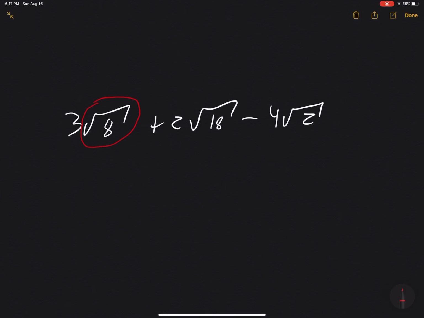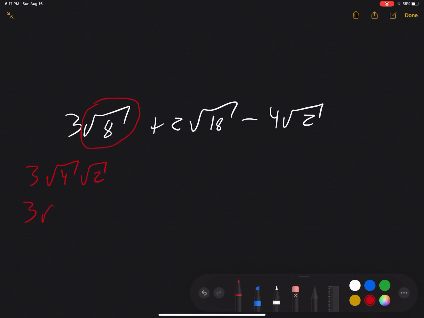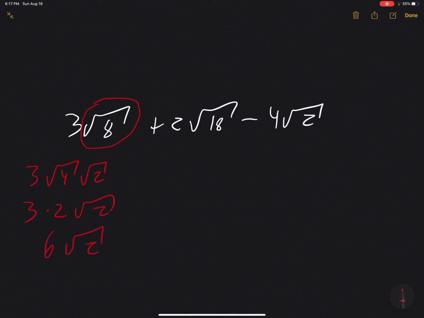But we utilize the fact that we can simplify radicals to see if we secretly have the same thing just hiding in there. For example, we have 3 root 8, which is equal to 3 root 4 root 2, because 2 times 4 is 8, which is equal to 3 times 2 root 2, which is equal to 6 root 2.